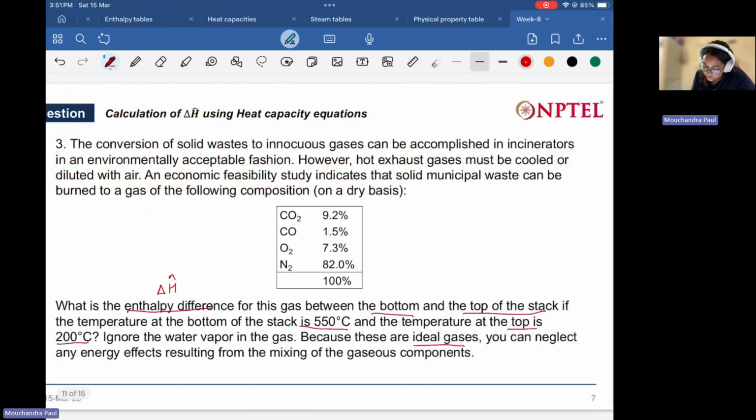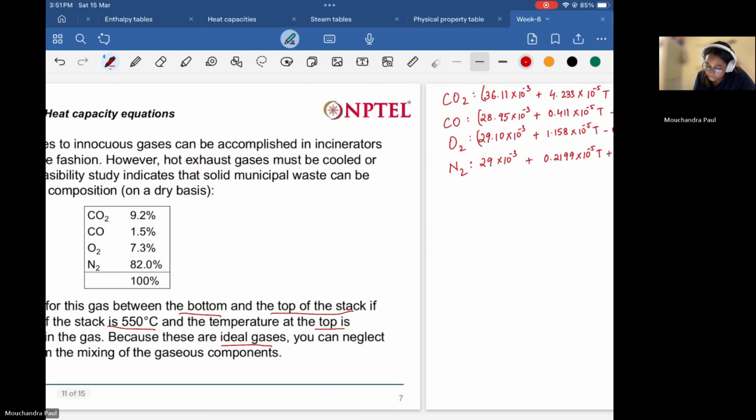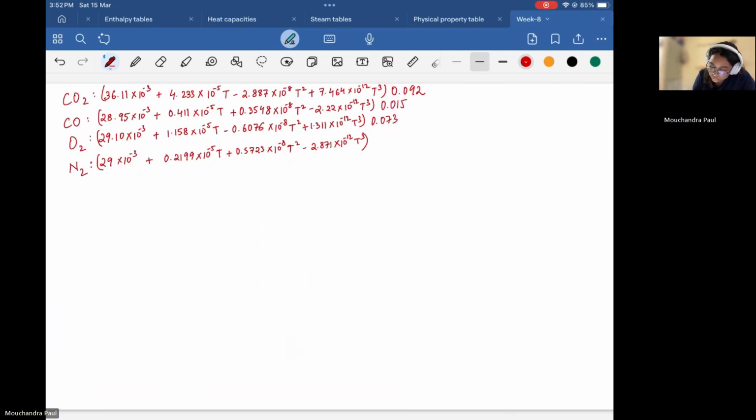For CO it is 0.015. For O2 it is 0.073. And for N2 it is 0.82. When you multiply it, you will get the final Cp values.